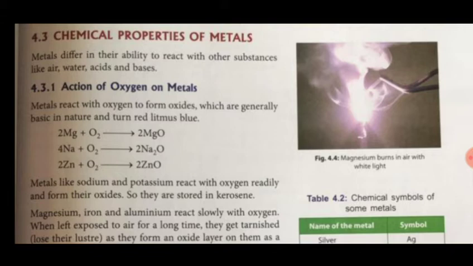When this white ash is mixed with water and the solution is tested with litmus paper, it turns the red litmus paper blue. This indicates that the magnesium oxide formed by burning the magnesium ribbon in air is basic in nature. So we can conclude that metals react with oxygen forming basic metallic oxides.